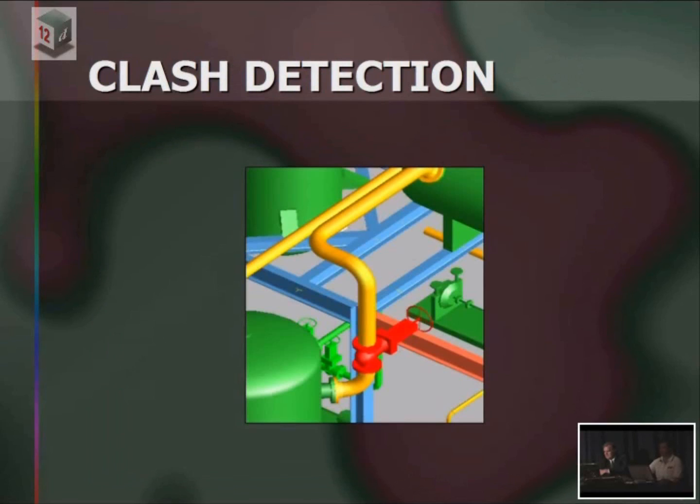This was then passed to PDMS for their clash detection. They ran a clash detection part of their program over it, so they had areas glowing red where it didn't meet the clearance requirements for the service clashes.